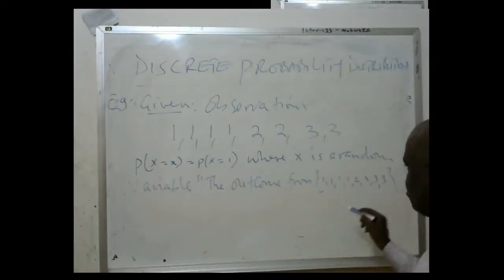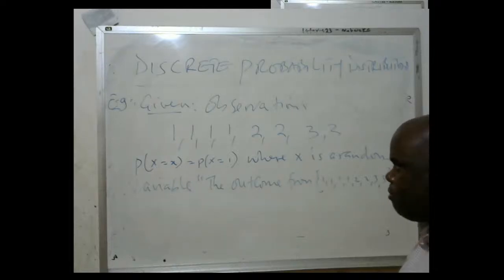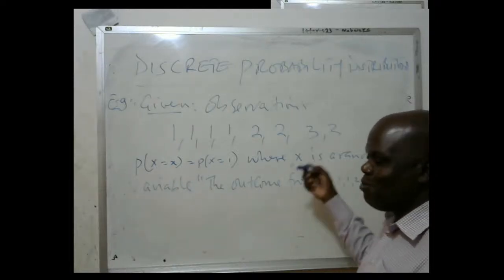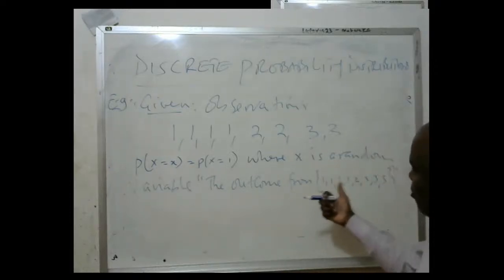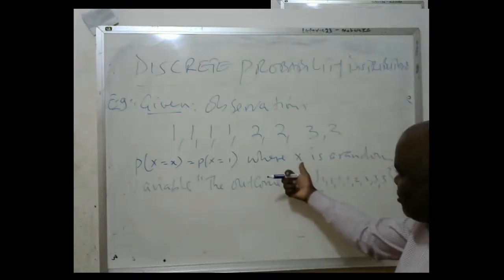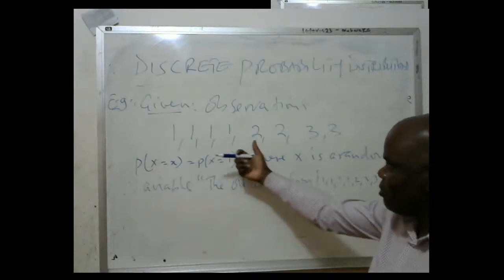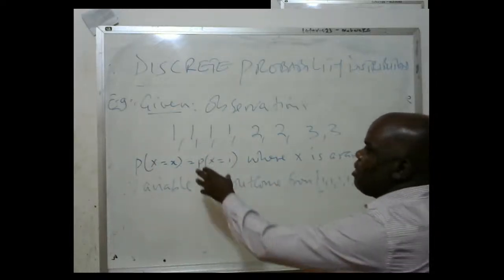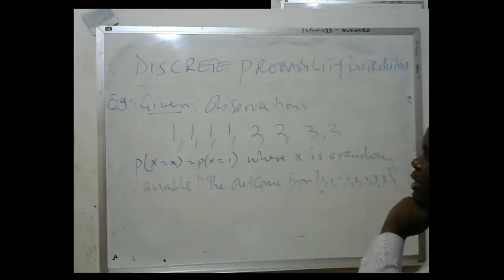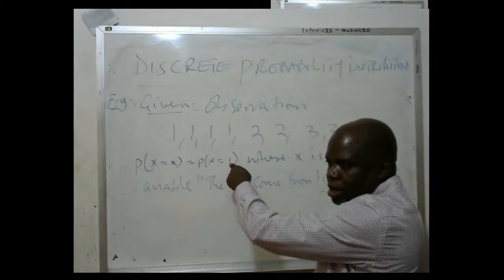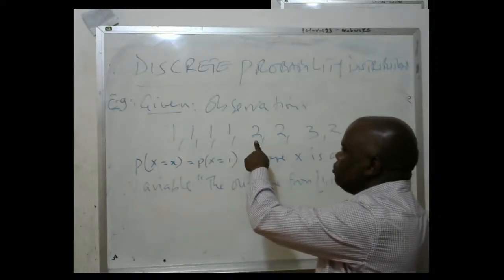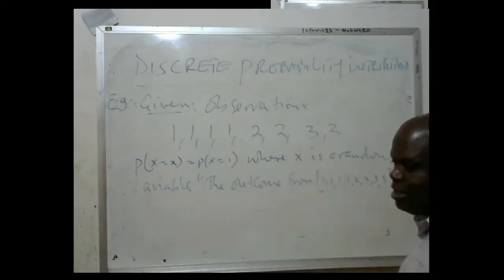The outcome from these observations, which have been manufactured by me, who's telling you these concepts. If these outcomes are a random variable, the question then is, what's the probability I will get an observation which is 1? I will get an observation which is 2. I will get an observation which is 3.